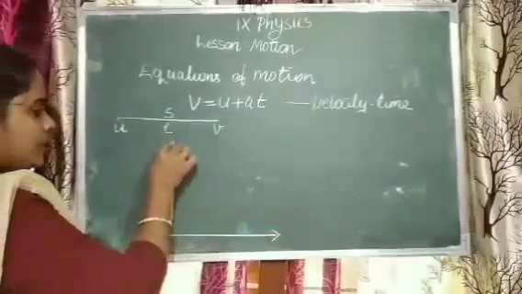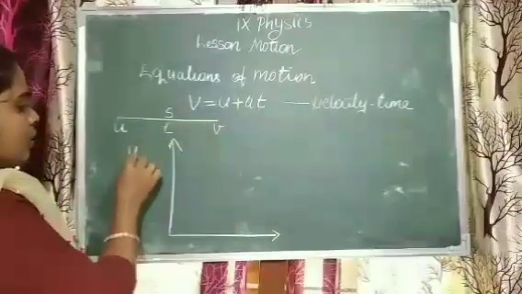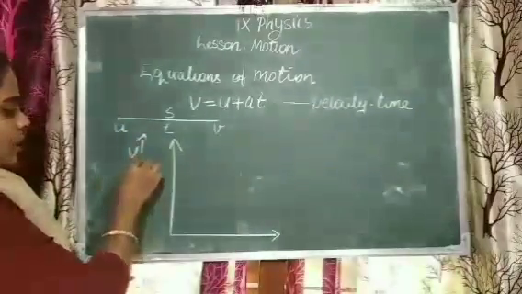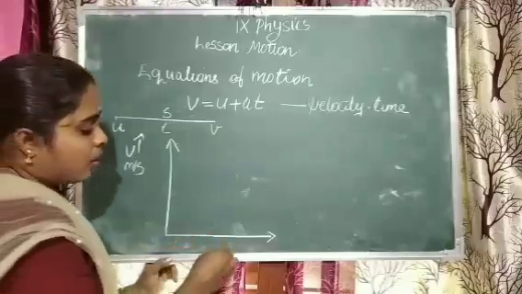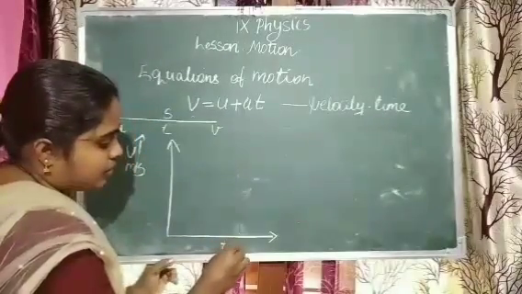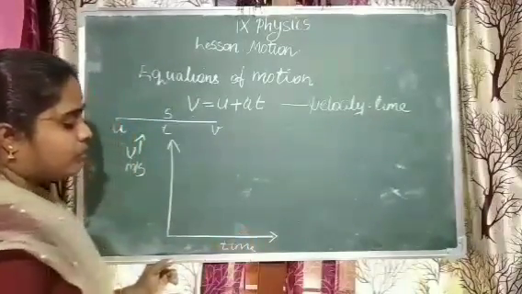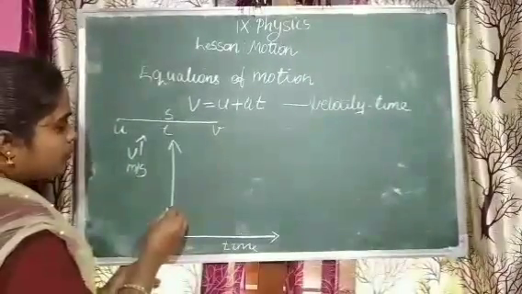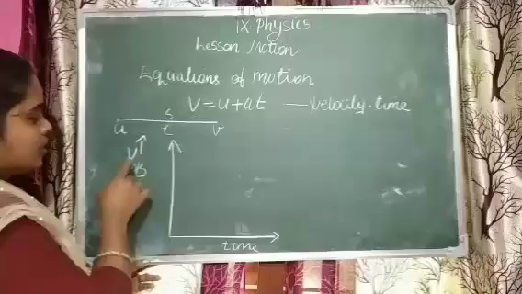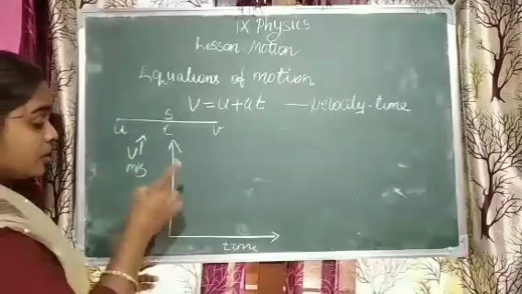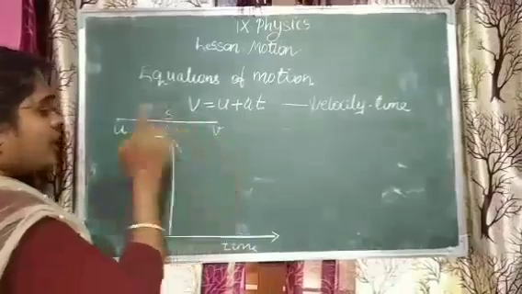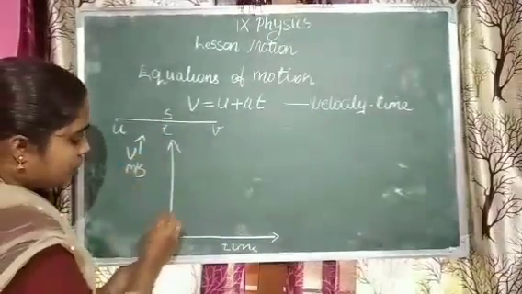In a velocity time graph, velocity in meters per second is along the y-axis, and time is along the x-axis. The object is moving with a uniform acceleration and u is the initial velocity.